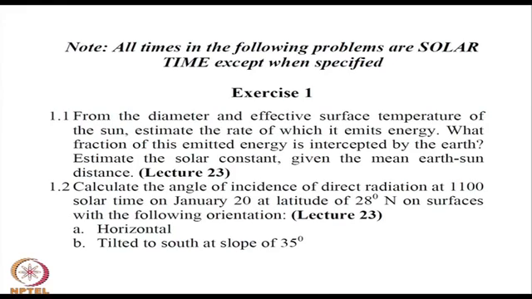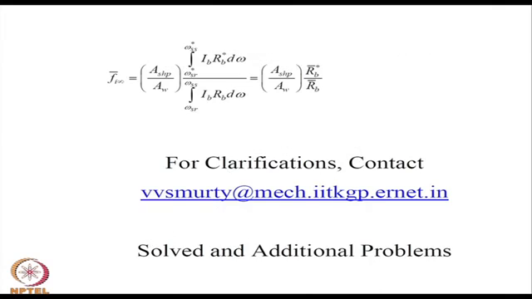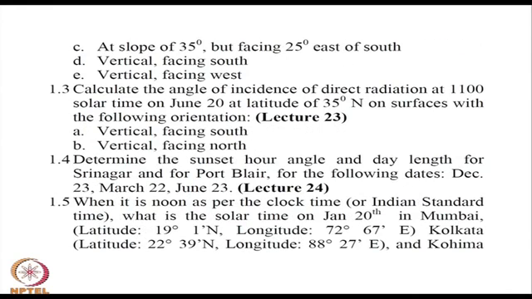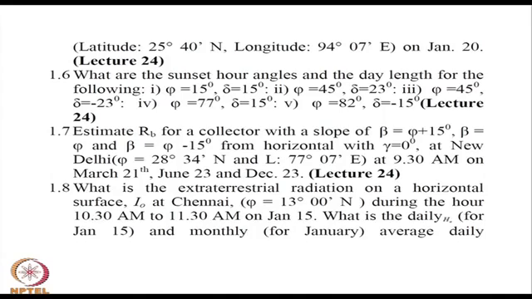So, first from the diameter of the effective sun, etc., we have made calculation, different angles of incidence; these are all under exercise 1. Then direct radiation and sunset hour angles show essentially the difference between the days and how latitude affects these things, and similarly the day lengths are calculated here.